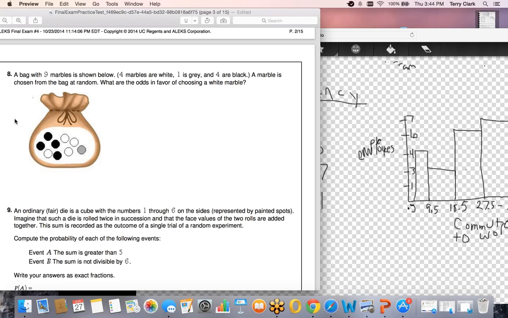Yeah, it's favorable over unfavorable. So it's the probability of favorable over the probability of unfavorable.